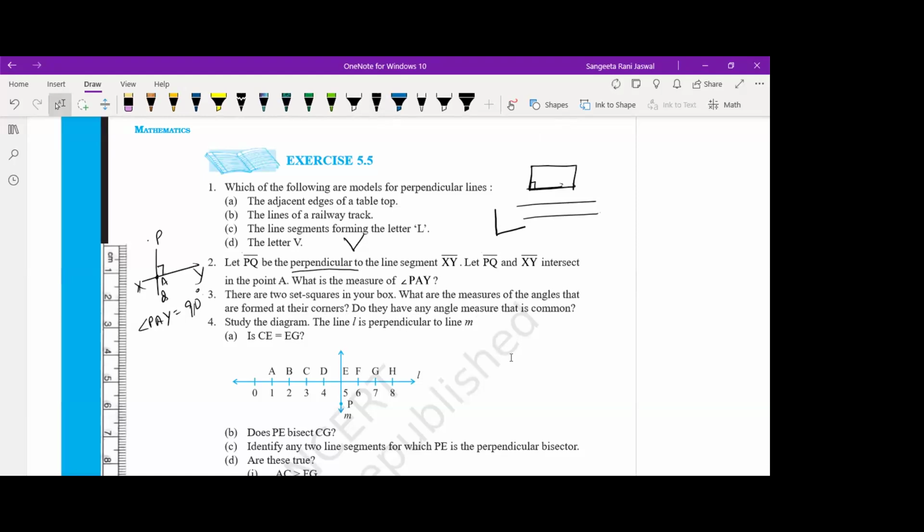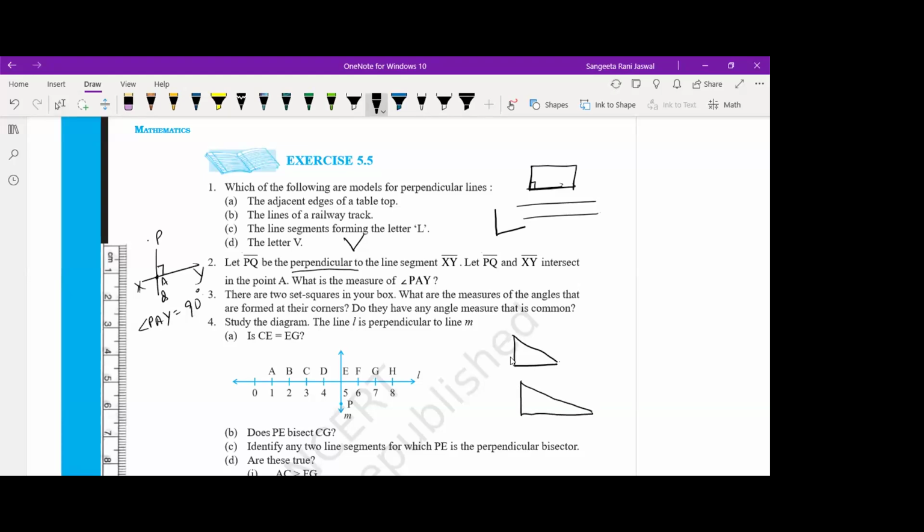See, one angle in both the set squares is the right angle. Then you have to find the other two. Now see, one set square is like this. Another set square is like this.